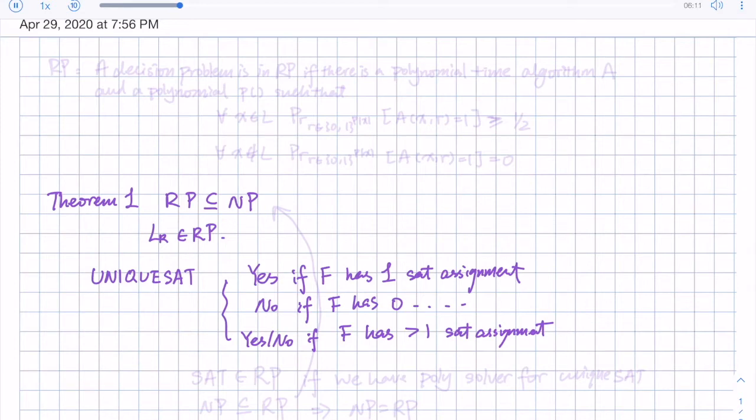A consequence of the Valiant-Vazirani theorem says that if we can have a polynomial time algorithm that solves the unique SAT problem, then we can have a randomized polynomial algorithm for the SAT problem. So the SAT problem will be in RP as described above if we have a polynomial solver for the unique SAT problem.